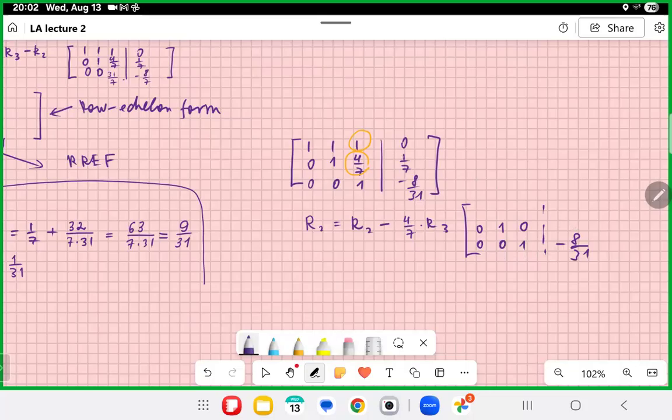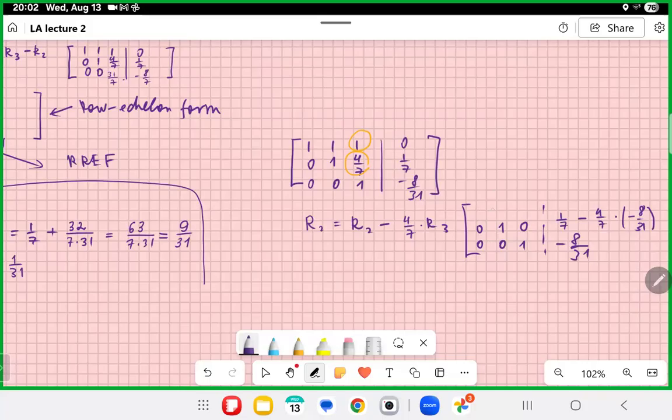So the last element is going to be 1 over 7 minus 4 over 7 multiplied by minus 8 over 31. I'm going to calculate it a little bit later. I'm going to work with the first one and then do calculations and put correct numbers here.